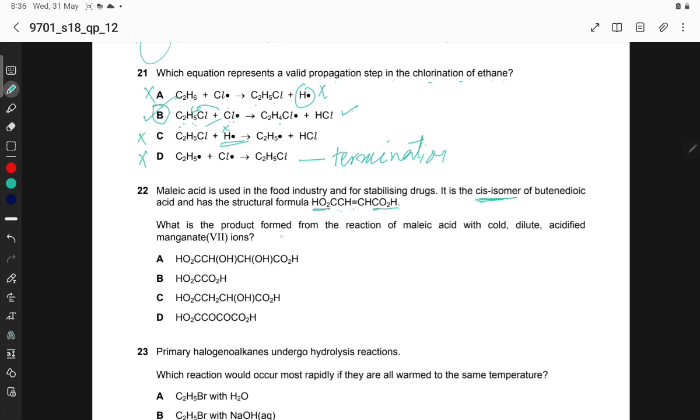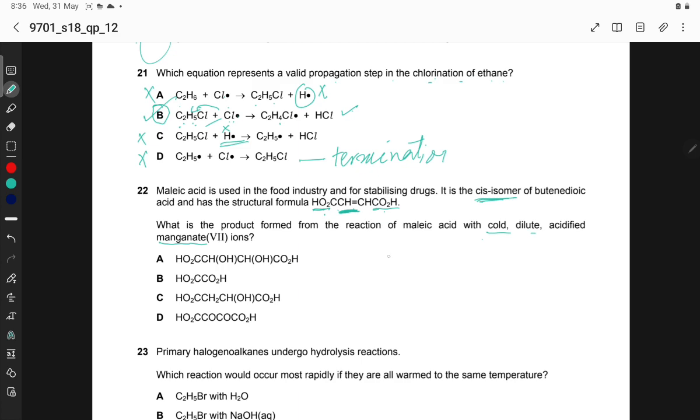What is the product formed from the reaction of maleic acid with cold dilute acidified potassium manganate? So when cold dilute acidified manganate reacts, it does not react with the carboxylic acid, it reacts with the alkene to form a diol.